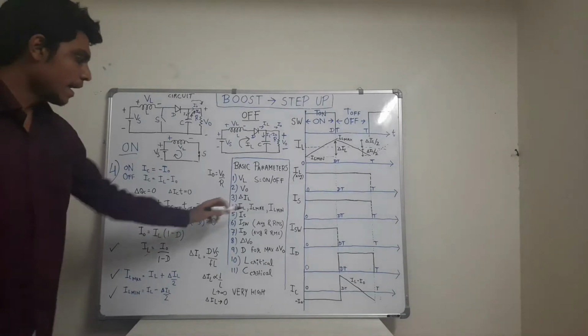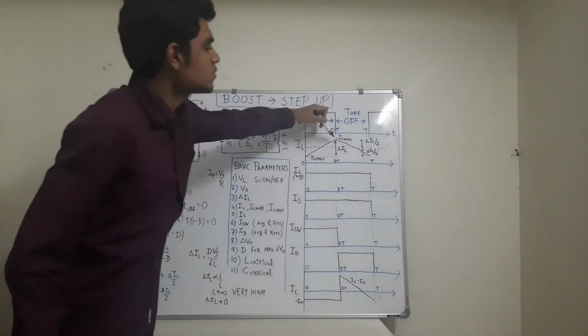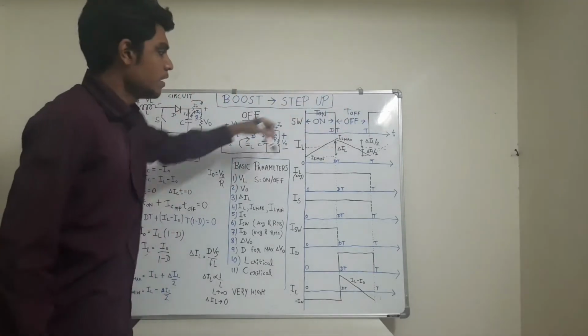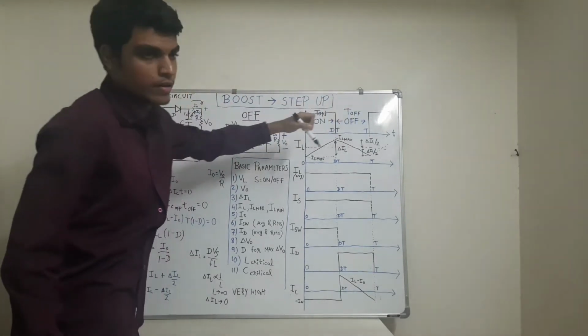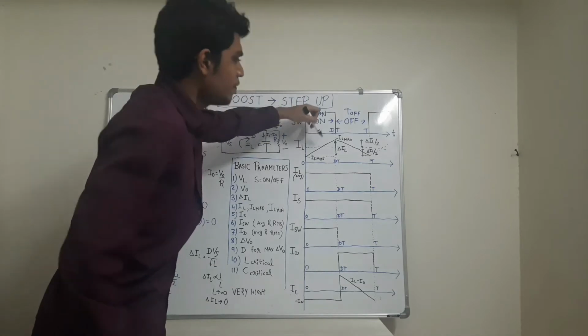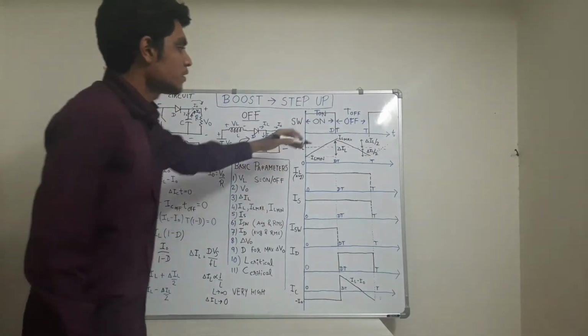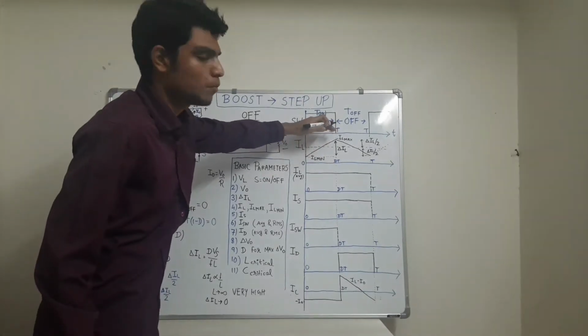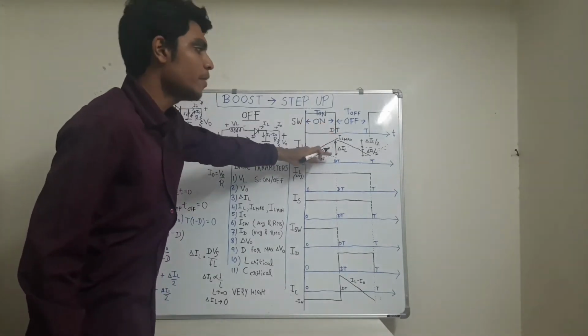Now second thing is IL max. From this waveform, the average value of this waveform is shown by this dotted line. We know that for the triangular waveform, the average value is exactly in the center of its both extreme peaks, maximum and minimum.